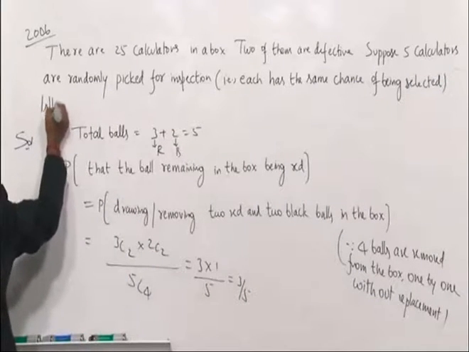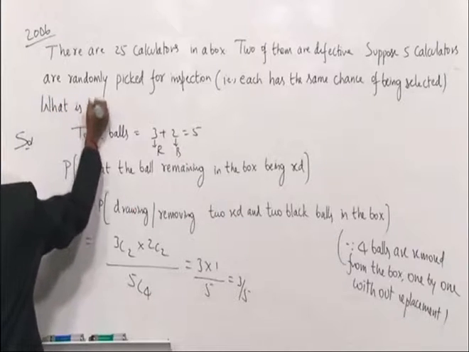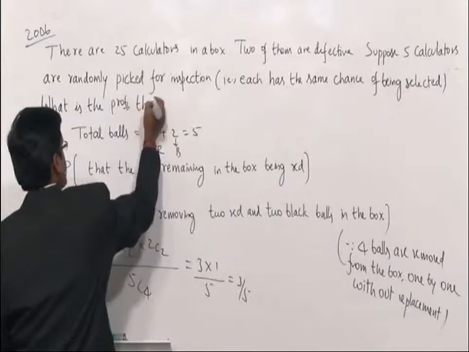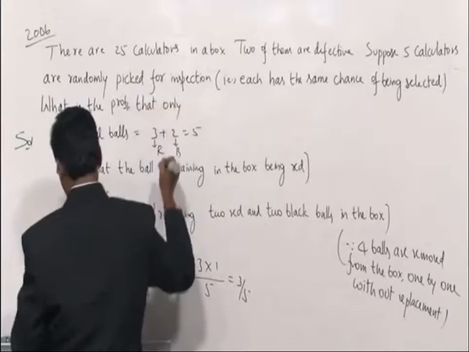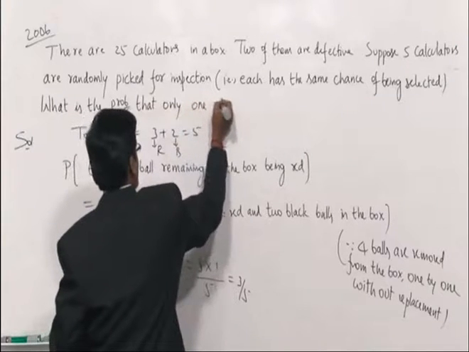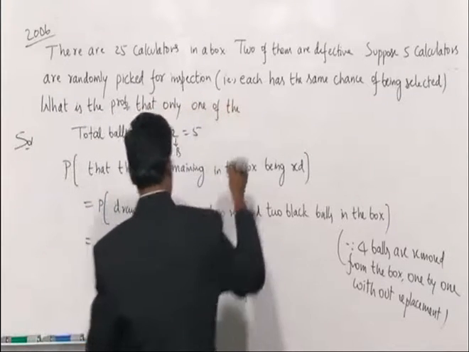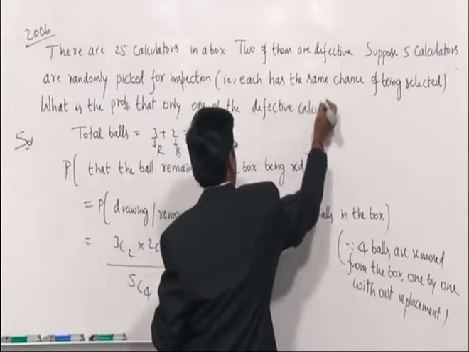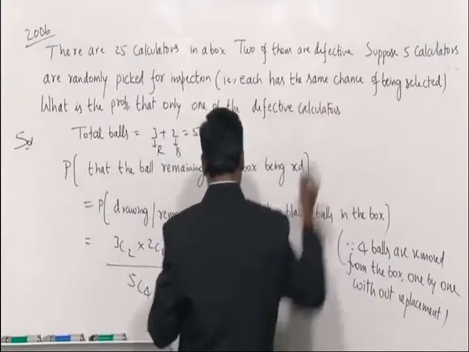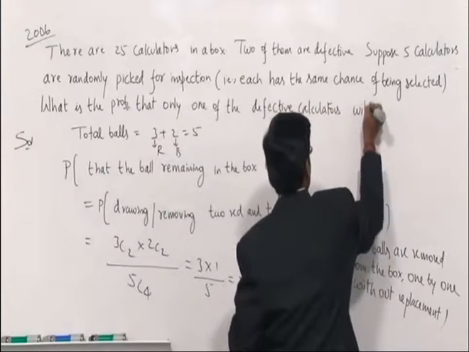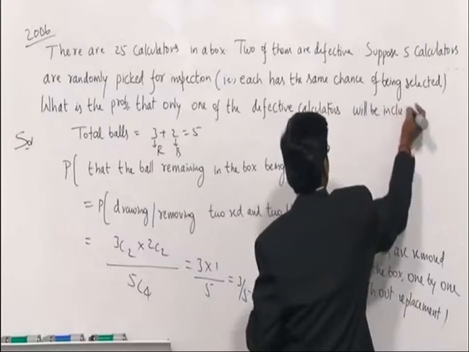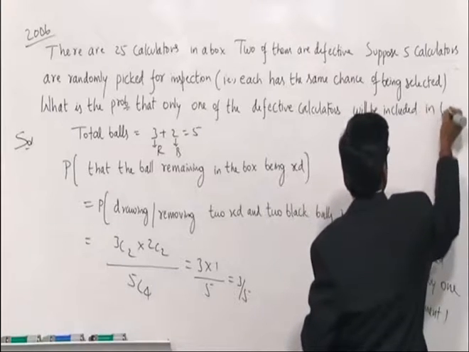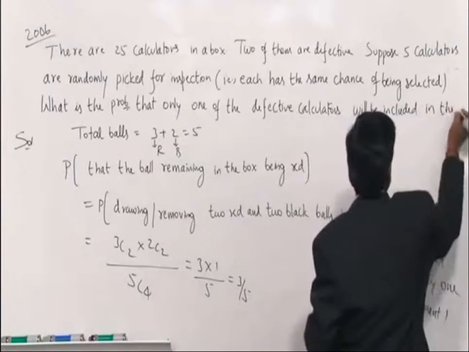What is the probability that only one of the defective calculators will be included in the inspection?